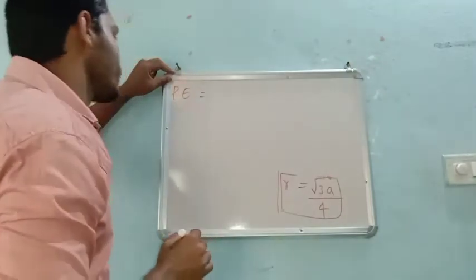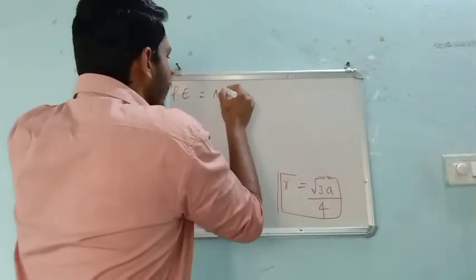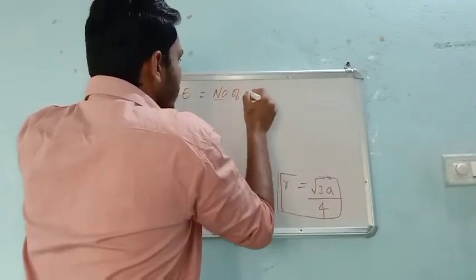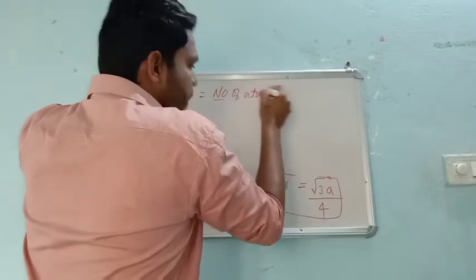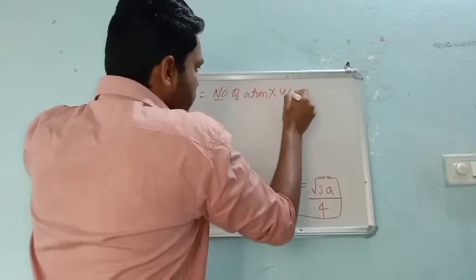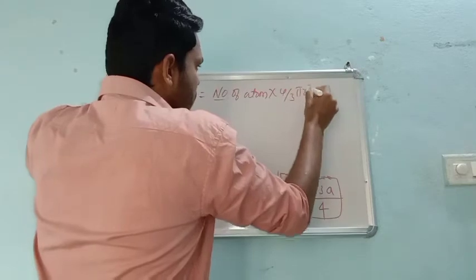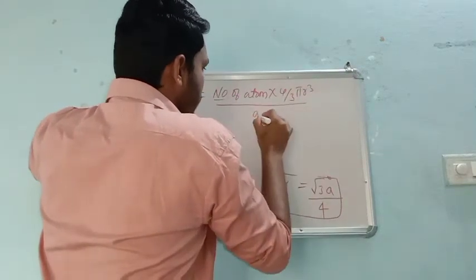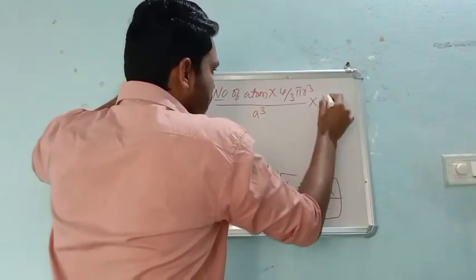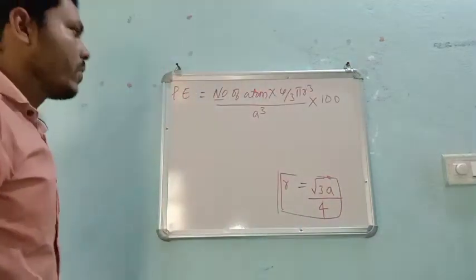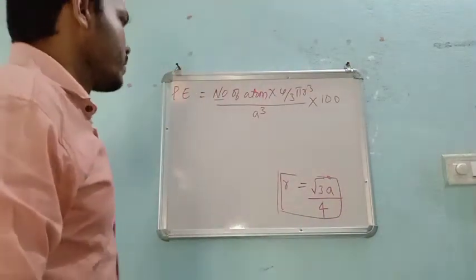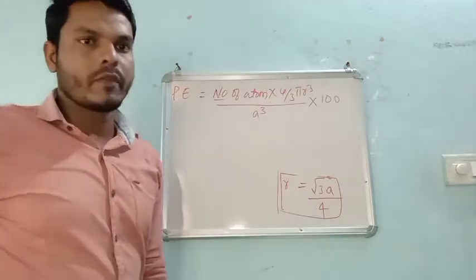What is our packing efficiency formula? Number of atoms in a unit cell into 4 by 3 pi r cube, whole divided by a cube, into 100, right? Now, number of atoms means, don't forget we are in BCC.